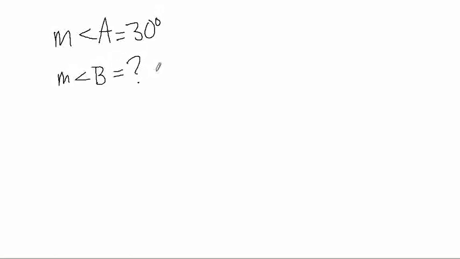So suppose that a triangle had angles A and B, and again, suppose we knew the measure of angle A but not the measure of angle B. And we knew the side opposite angle A, let's say it has a length 1.5 centimeters, and let's say the side opposite angle B has a length of 2 centimeters. So try to solve for possible angle measures for angle B. So pause the video and do that now, please.